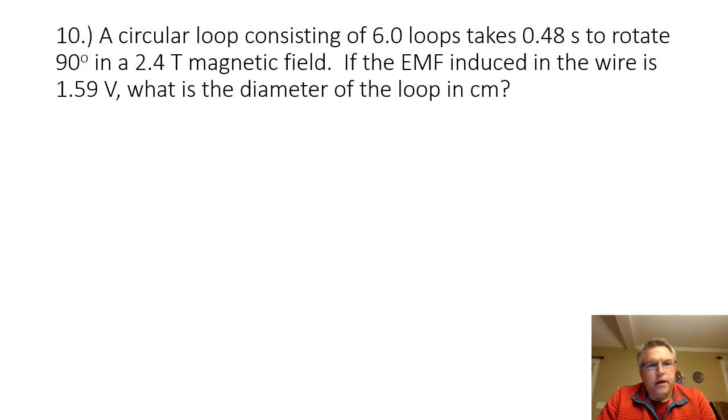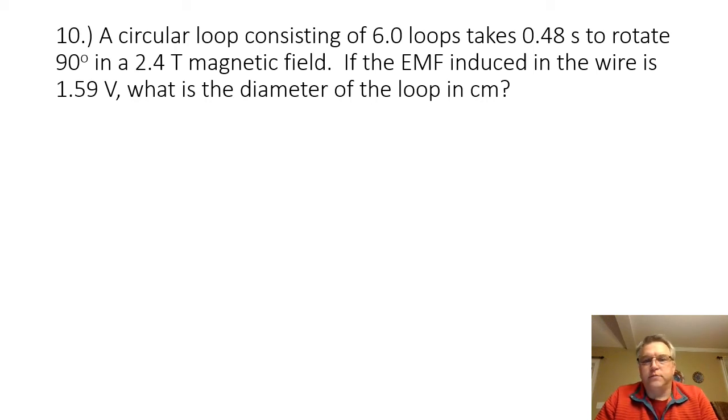Problem 10. A circular loop consisting of 6.0 loops takes 0.48 seconds to rotate 90 degrees in a 2.4 Tesla magnetic field. If the EMF induced in the wire is 1.59 volts, what is the diameter of the loop in centimeters?